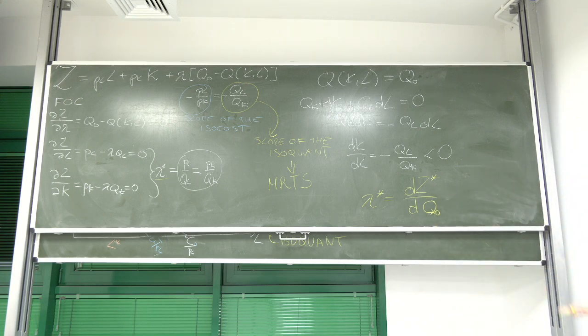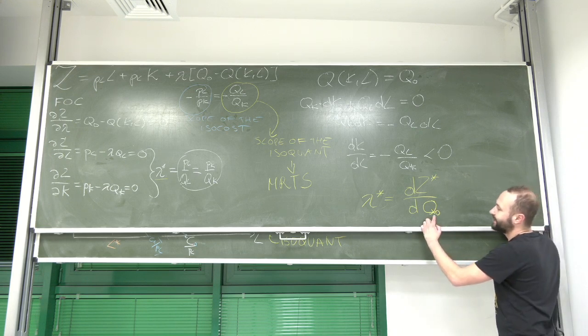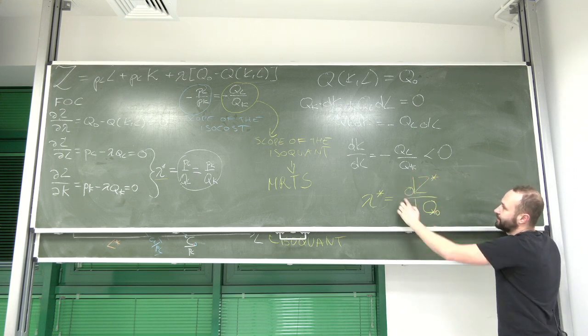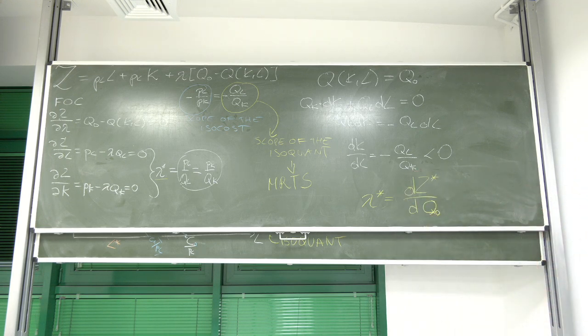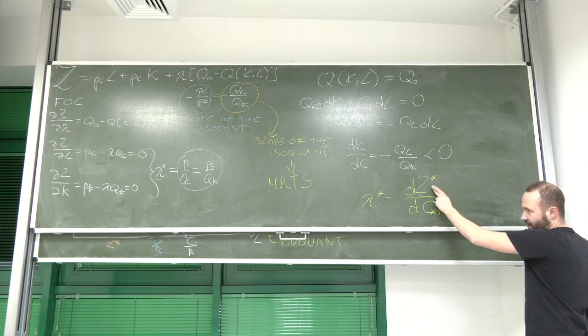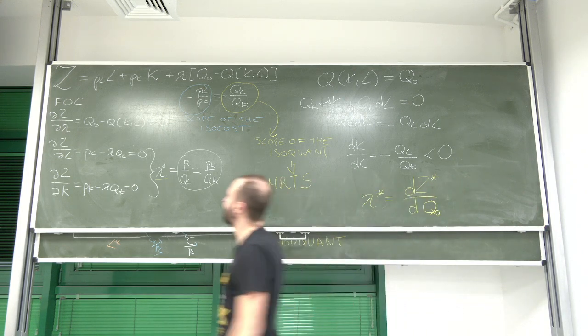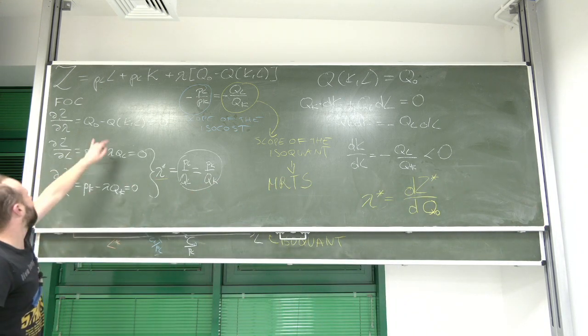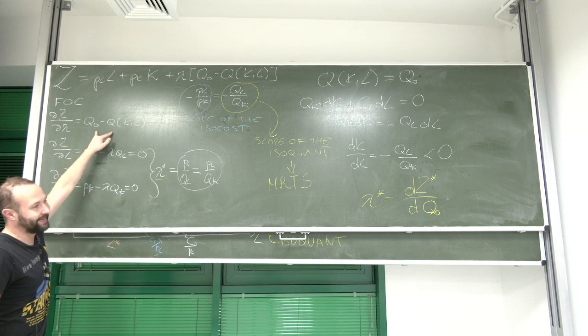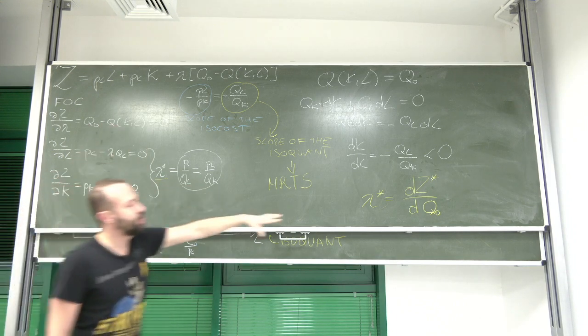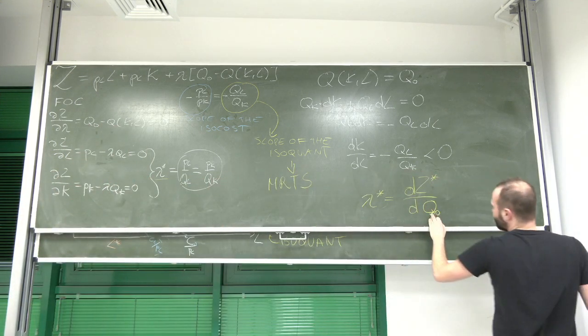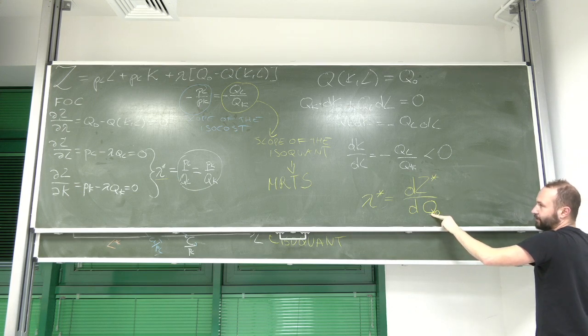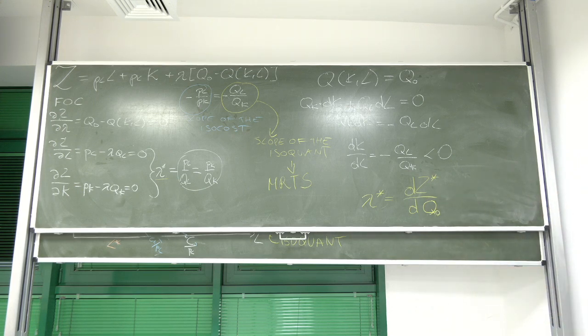So here we get what would happen to the optimal level of cost, the minimal level of cost, assuming this restriction is binding, if we increase target production by 1 unit. So this is the cost of optimal production, increasing production by 1 unit.